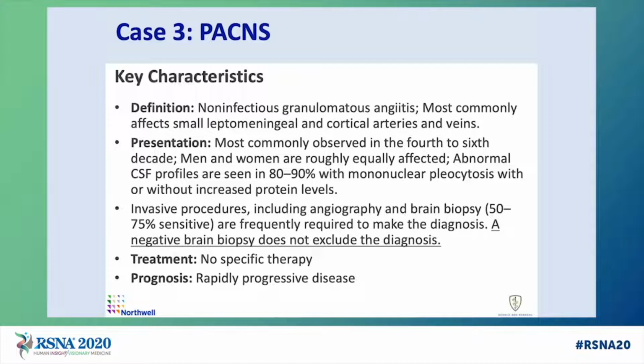The diagnosis is typically made by invasive procedures, including angiography and/or brain biopsy. It is important to recognize that a negative brain biopsy does not exclude the diagnosis of PACNS. Unfortunately, there is no specific therapy, and it is a rapidly progressive disease with a poor prognosis.